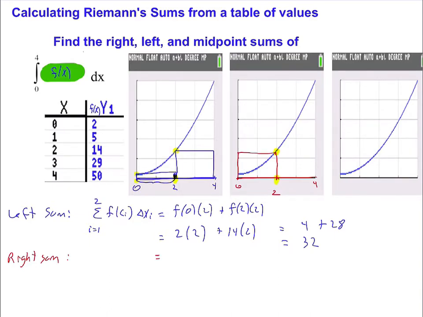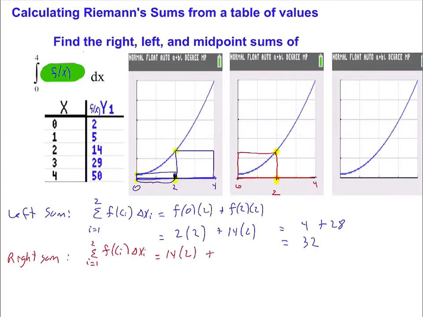So it's still an approximation for the same thing: the sum of my 2 rectangles of the y value times the x distance. But this time my first y value is going to be the 14, because that's the y value here.